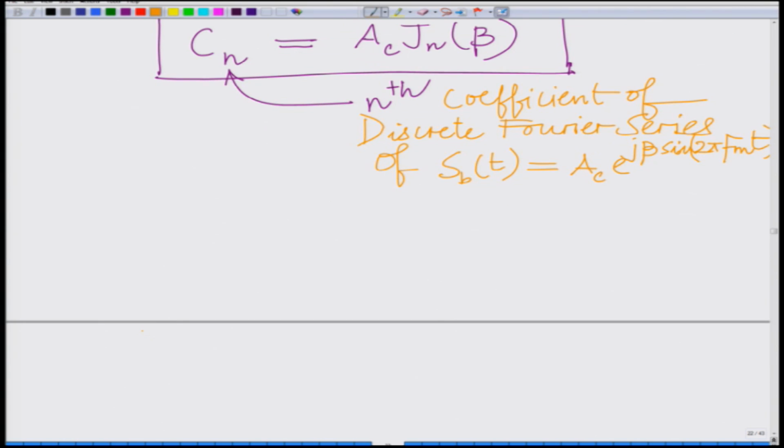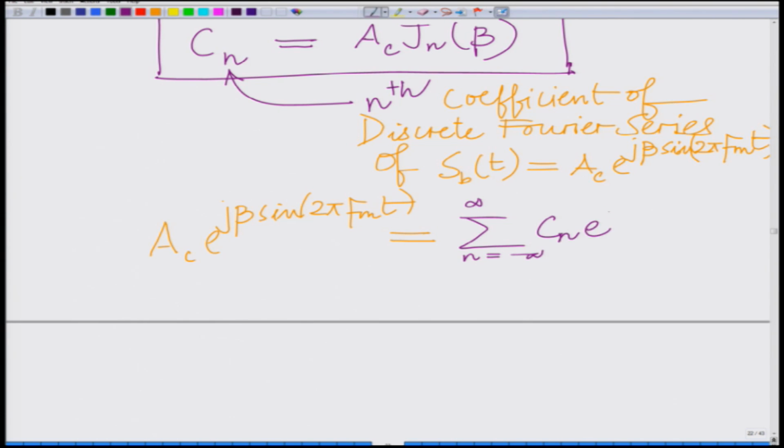Now, therefore, I have Cn equals Ac Jn of beta, and I can write the expression for e to the power of j beta sine 2 pi fm t. We have already seen this is the summation n equal to minus infinity to infinity of Cn e raised to the power of j 2 pi n fm t.